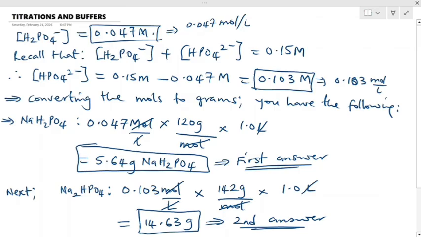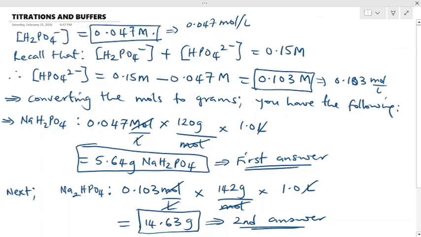So in order for the total phosphate concentration to be 0.15 molar using the phosphate buffer system, you have sodium dihydrophosphate and sodium hydrophosphate at pH 7.2.